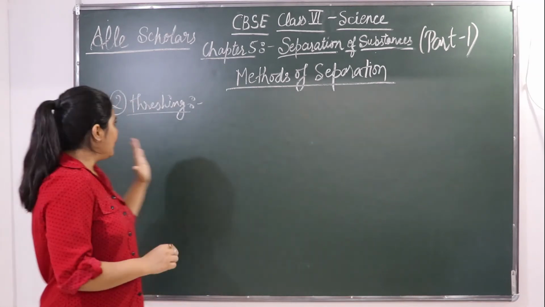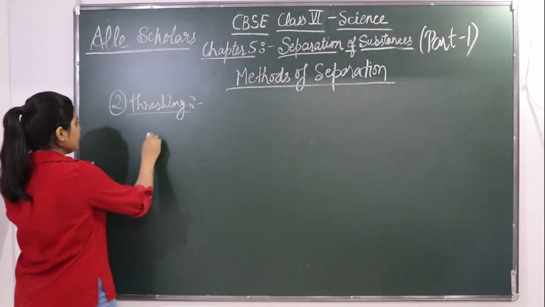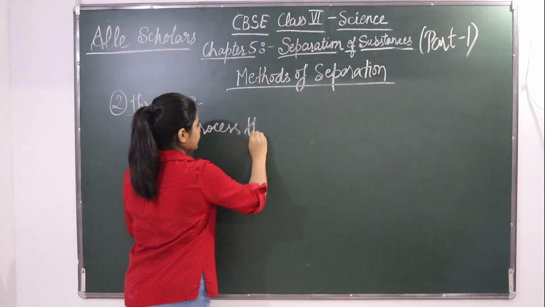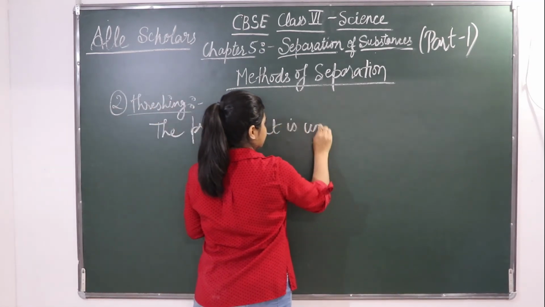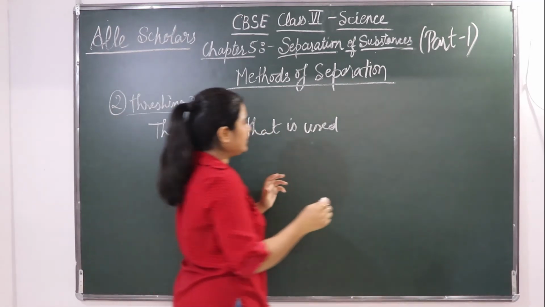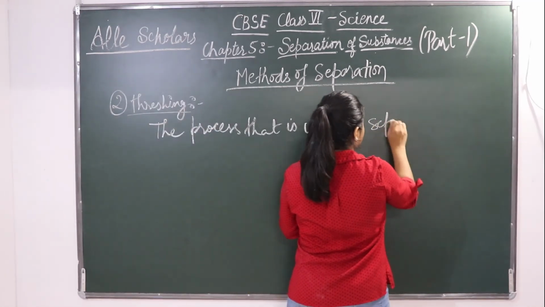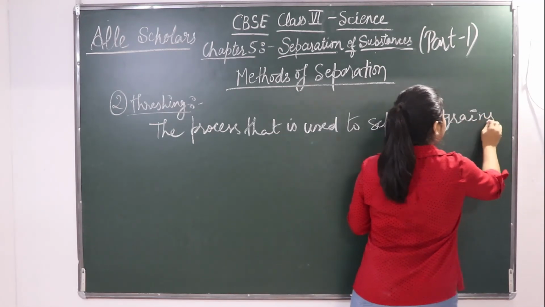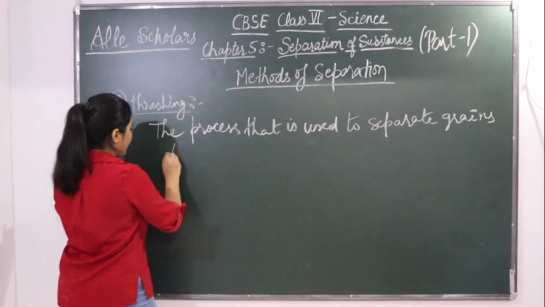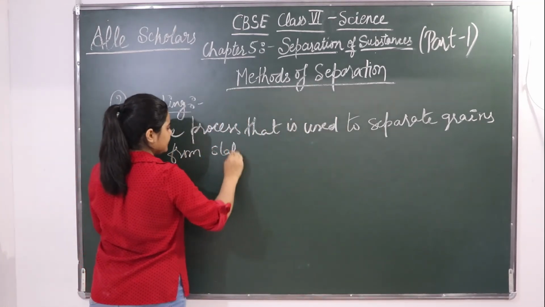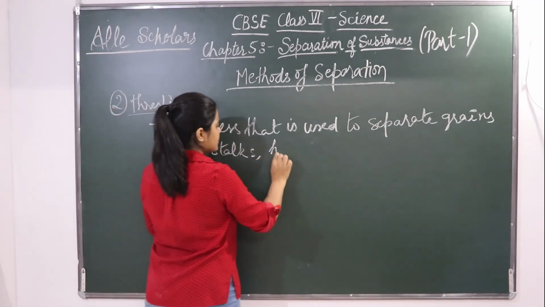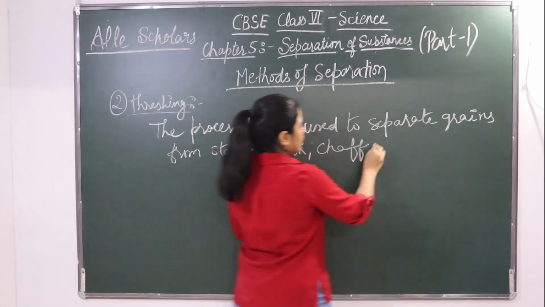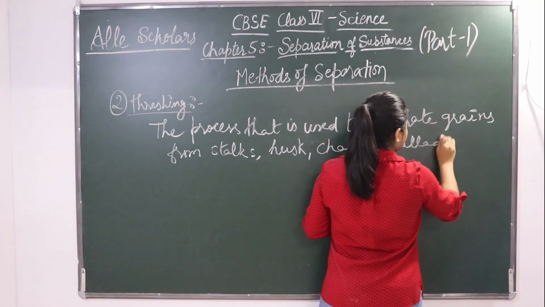So threshing is the process that is used to separate grains, the edible part, from stalks, husk or chaff.